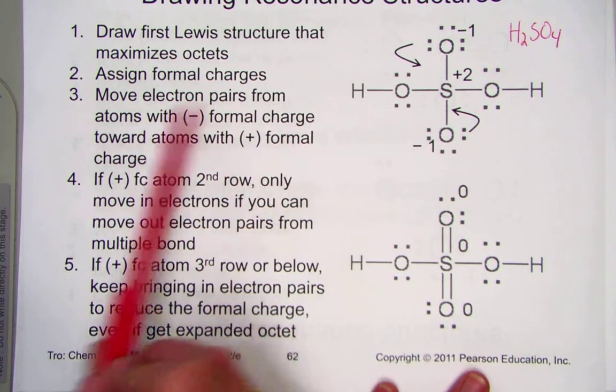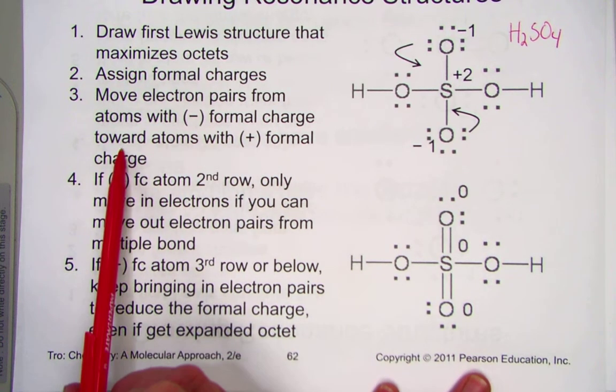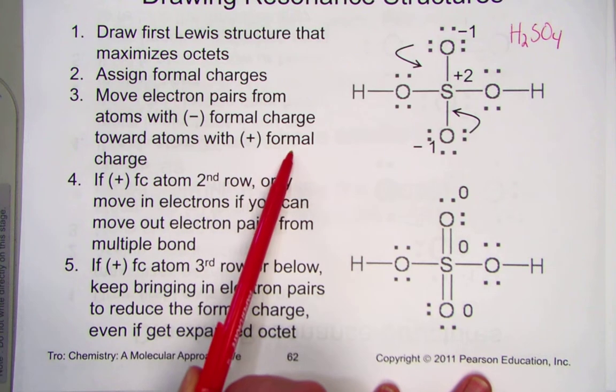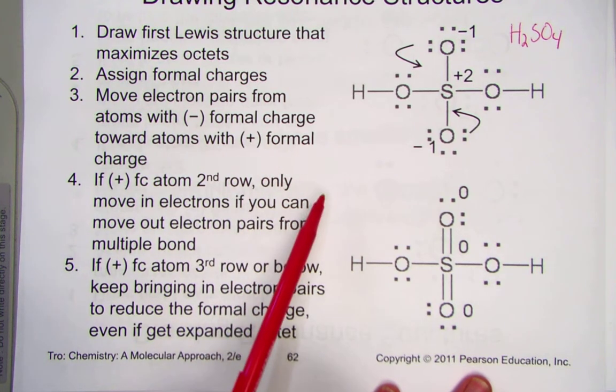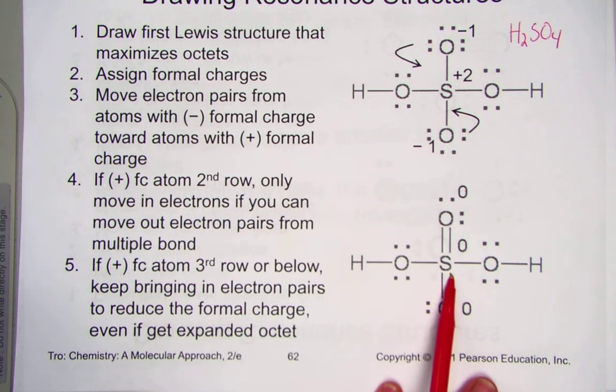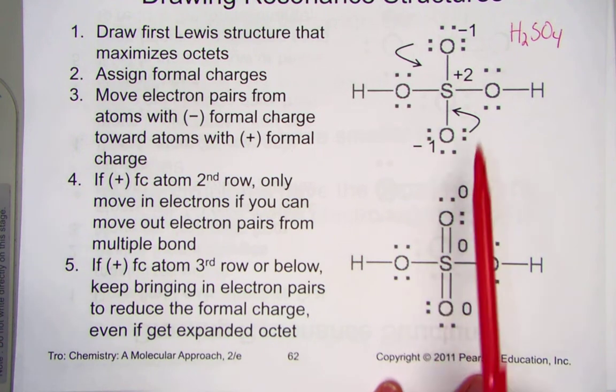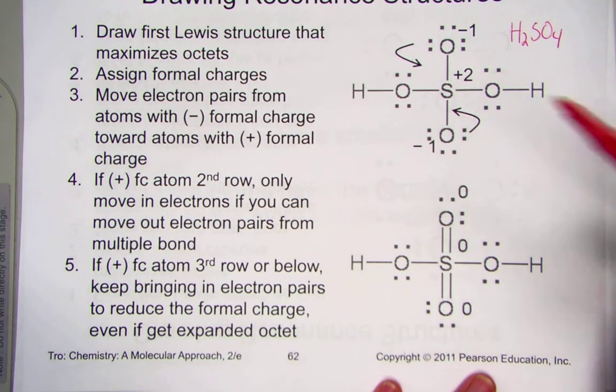I move electron pairs from atoms with negative formal charge towards the atoms with positive formal charge. Ideally, we'd like them all to have 0. Notice that sulfur has now expanded its octet, and it will do so to alleviate the formal charge.